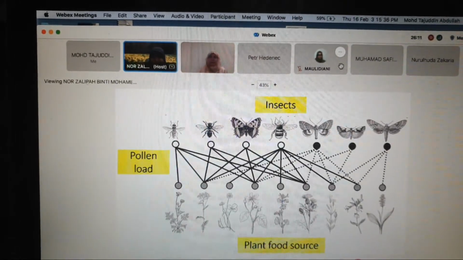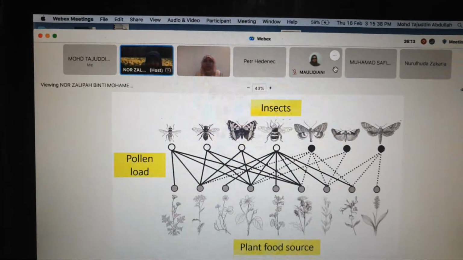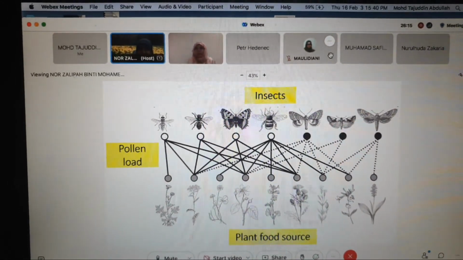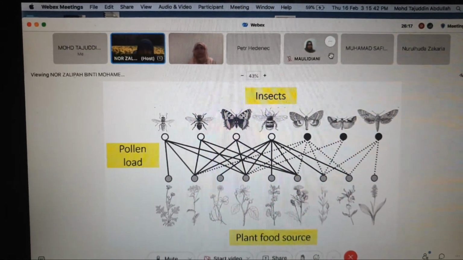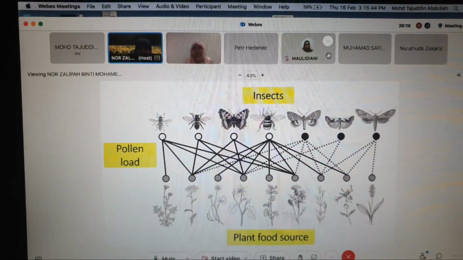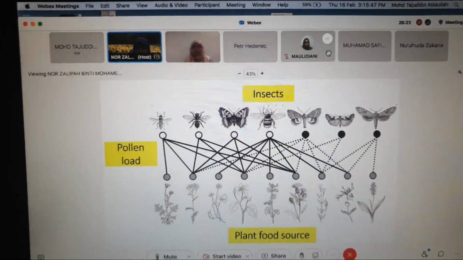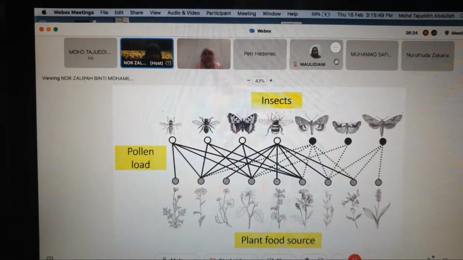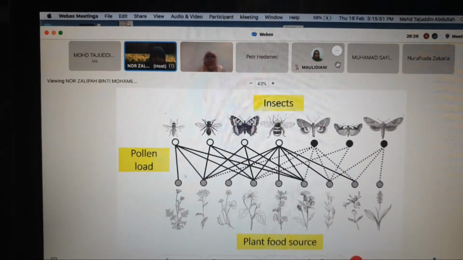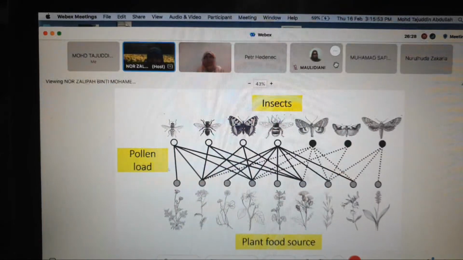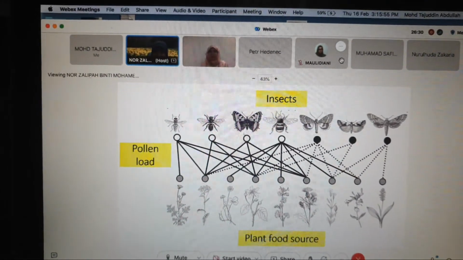So basically, this is my idea, to document the insects in the oil palm plantation and to document their plant food source. For the strength of the interaction in the pollination network, one of the variables that we can measure is the pollen load by the insect species.